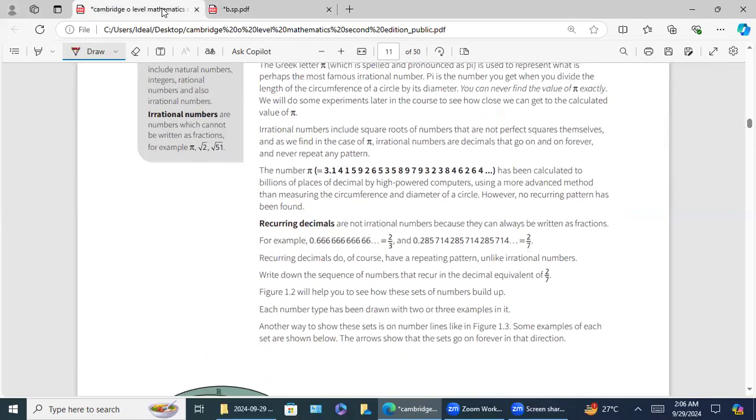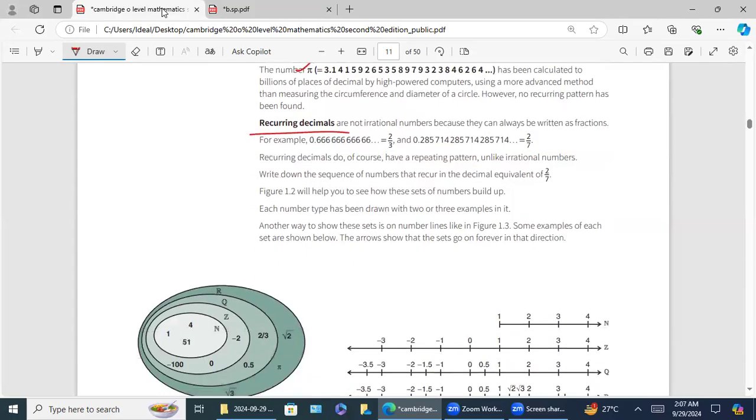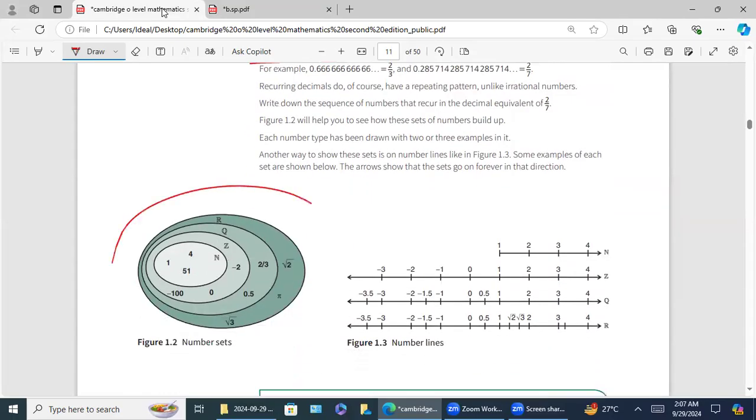This is the pi value. It is an irrational number, and we explain the recurring decimal system. Those numbers which repeat continuously are called recurring numbers. So this is a graph of the number system.